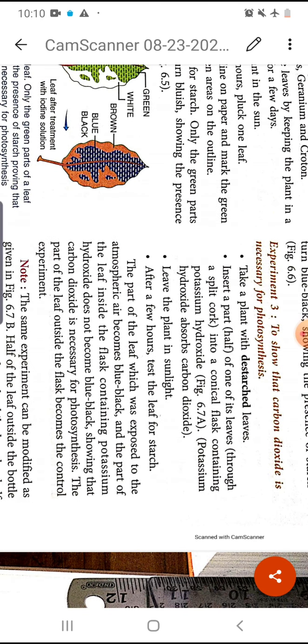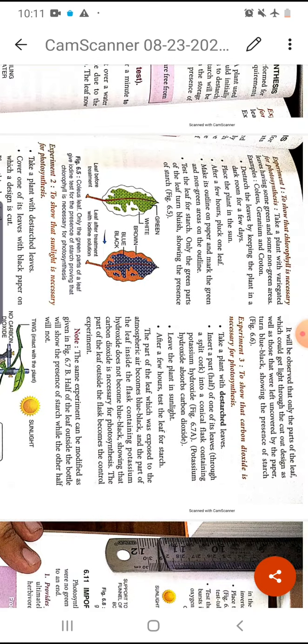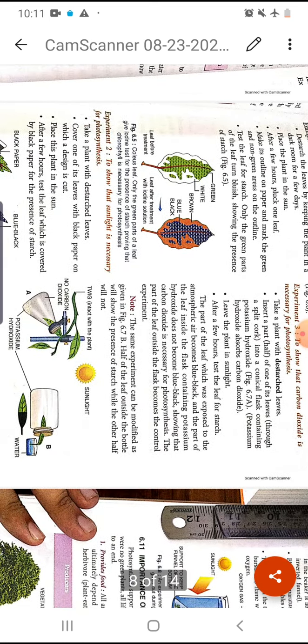Next, to show that carbon dioxide is necessary for photosynthesis, take a plant with a destarched leaf. As you can see in the diagram, insert a part of one of the leaves into a conical flask containing potassium hydroxide.